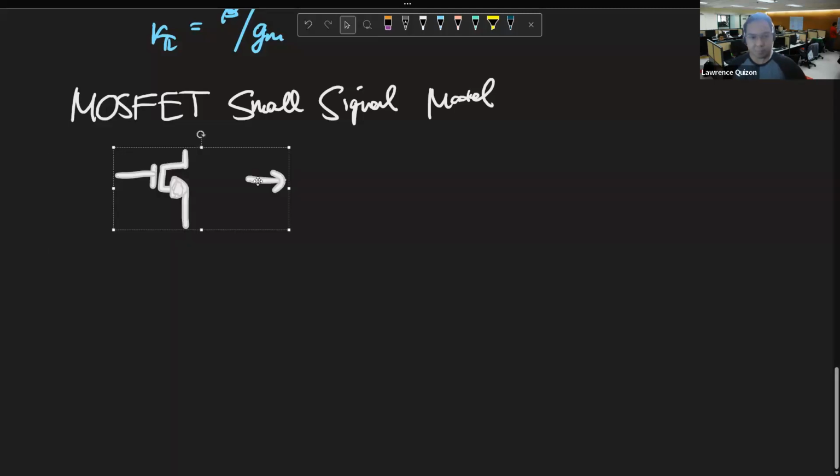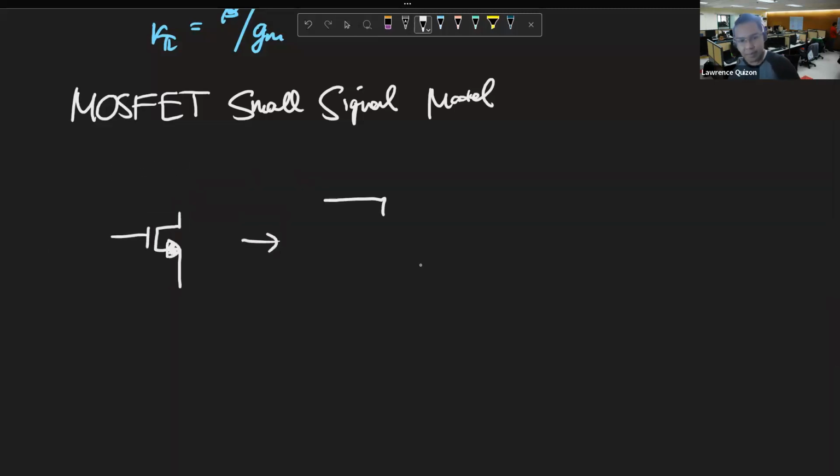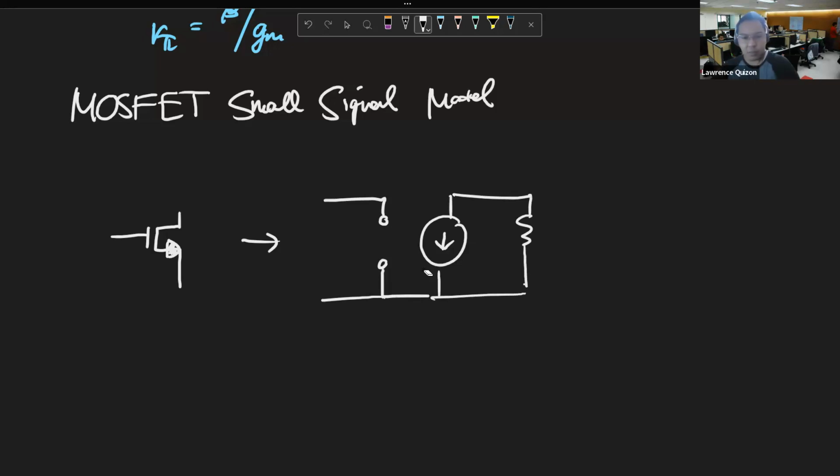Now, the only difference, if you remember, is that the input resistance of the MOSFET is infinite. Which is quite intuitive. It kind of makes sense, right? Because the gate is disconnected from the main circuit, so it shouldn't actually have an influence.